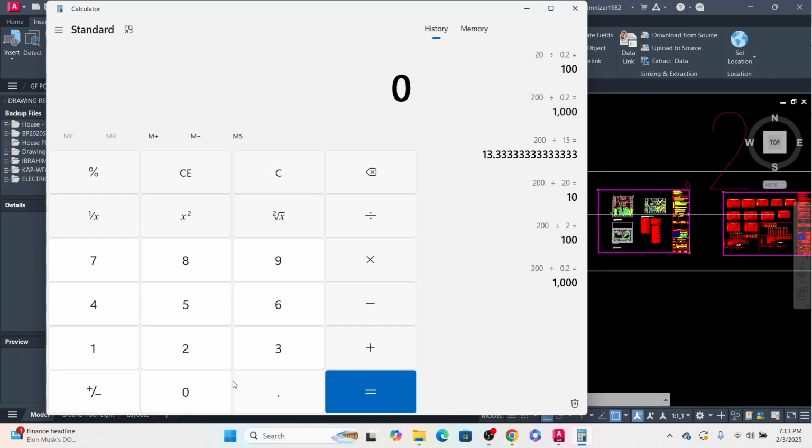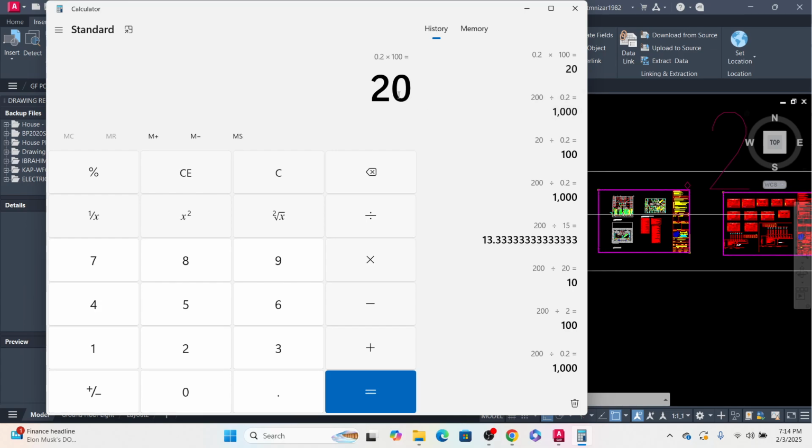How will I know? So let's say I have 200, then I got 0.2, so 1000, correct? But in the scale, they mention 1 to 100. So let's multiply 0.2 by 100. So 20.